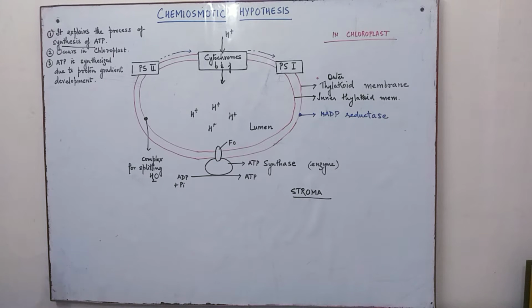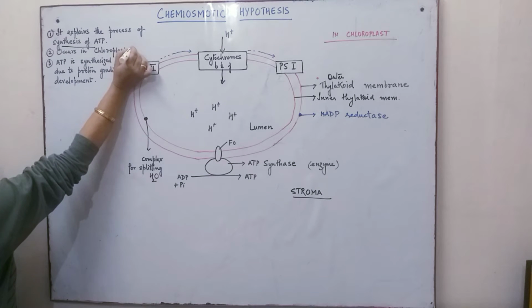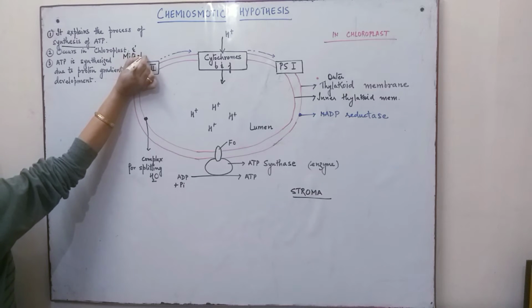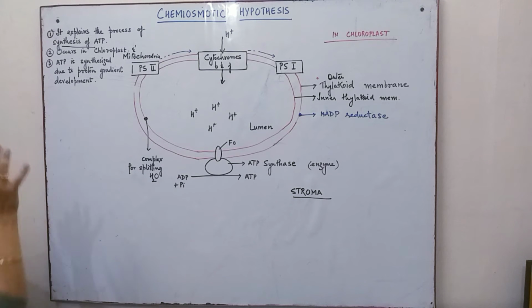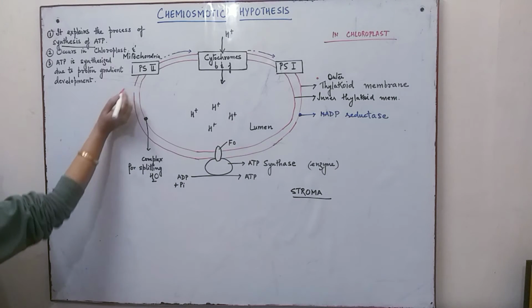Now, the process is known to take place in chloroplast and mitochondria. Both the places this process takes place. When we are studying the process, let us try and understand the structure within the chloroplast.